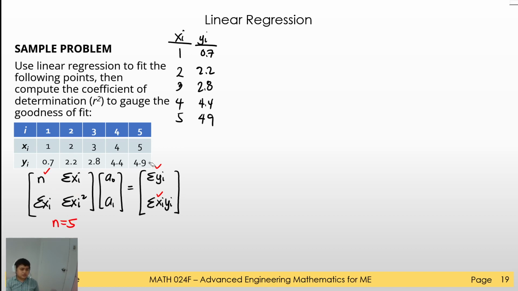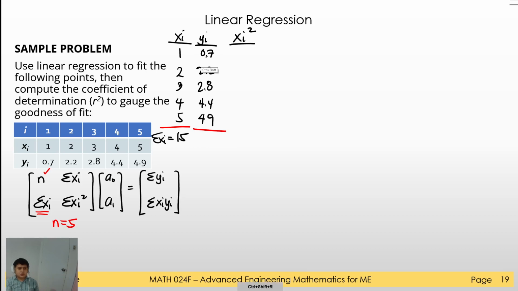I'll just erase this first. We now want to find the summation of x, which is the total here. I calculated this already to save time. For the summation of xi squared, let's create a new column, xi squared.